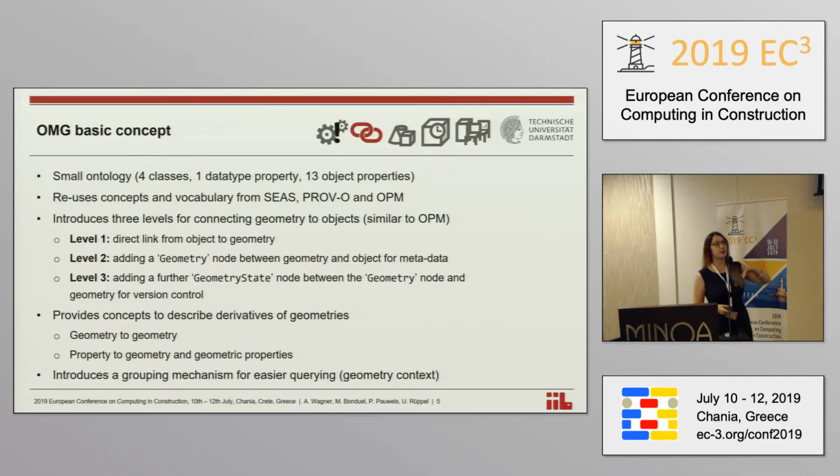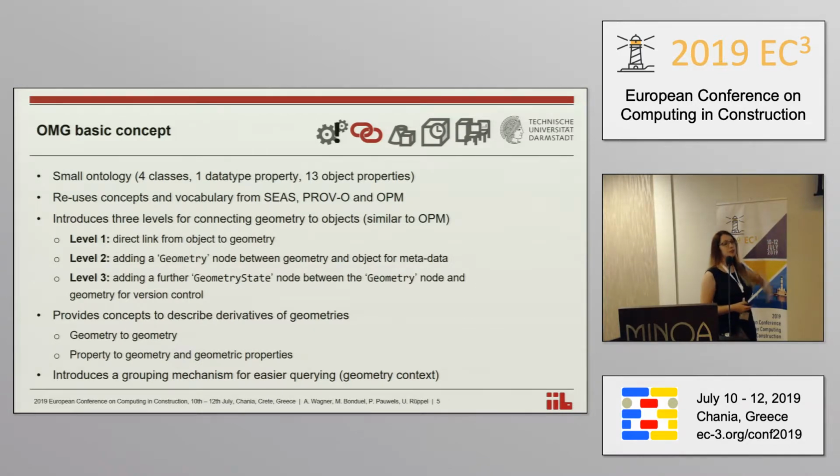We're also trying to reuse already invented concepts. So we're not doing the same effort over and over again, but we're also visible from the other perspective of the semantic web. And then we also introduce 3 different levels. So everyone who's applying the OMG can decide for themselves in which detail they want to use OMG.